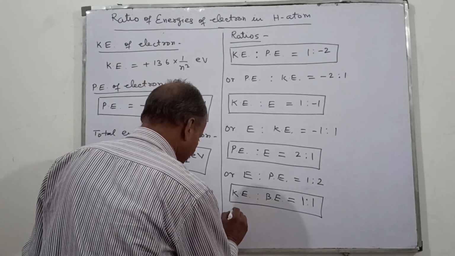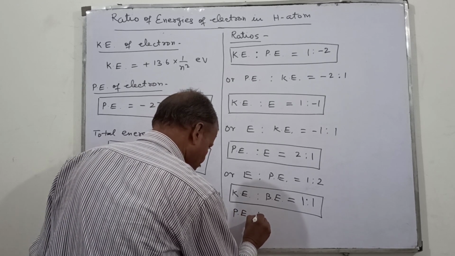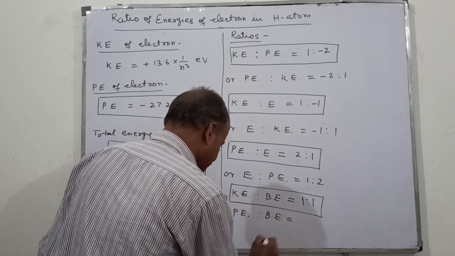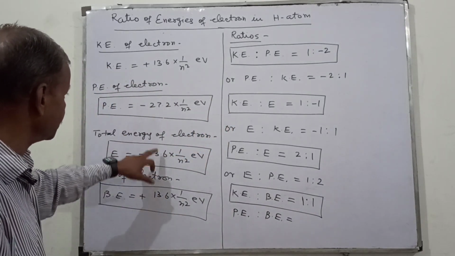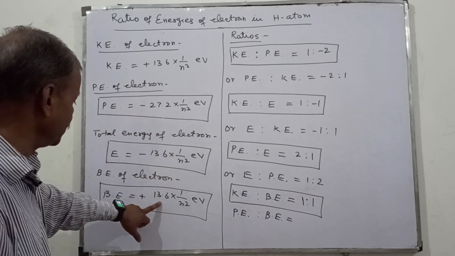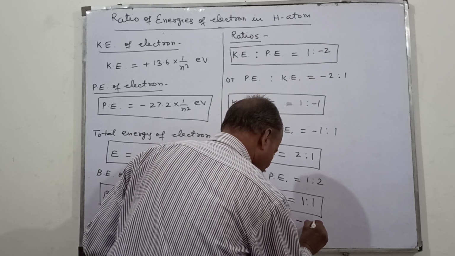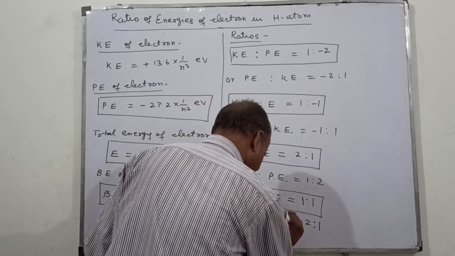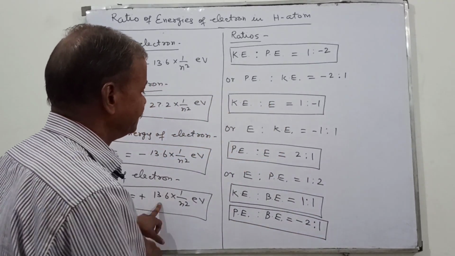Now potential energy ratio binding energy. Potential energy is minus and its value is 2 times the binding energy, so this is minus 2 ratio 1.